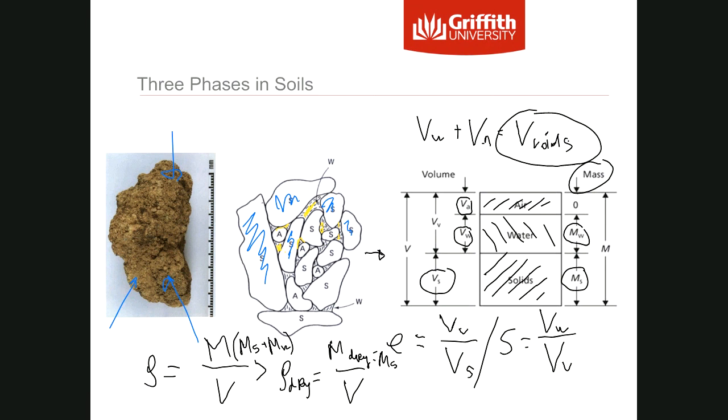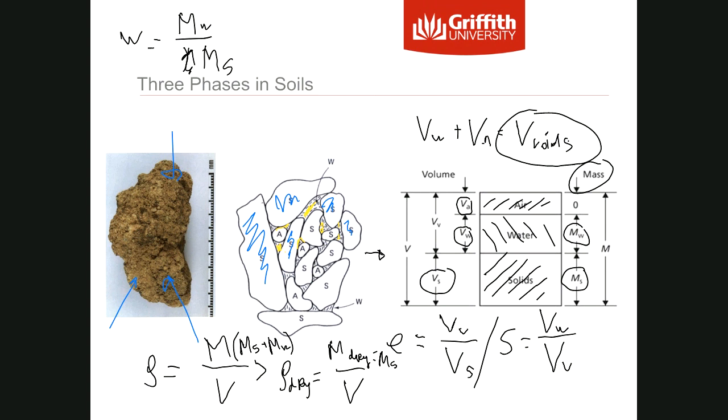And another important thing that we need to know before we start solving these problems is water content. So water content, we use w. It again shows you how much water is in the soil. For volumes, we use a degree of saturation, but for water content, we use mass of water and divide by the mass of solids. M, mass of solids.